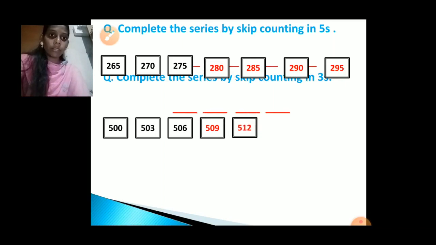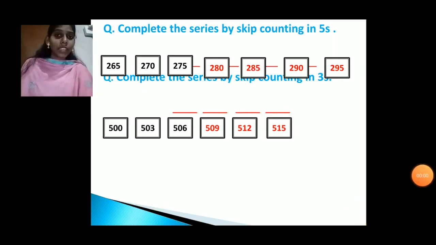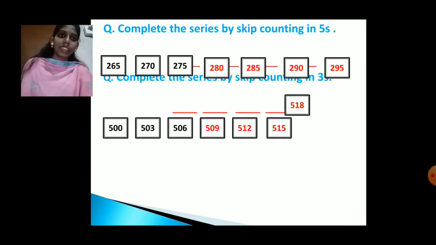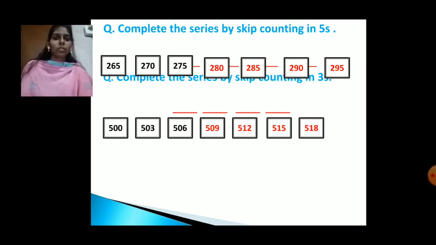After 512, you have to skip 3 numbers: 513, 514, 515. After 515 is 518. Correct? 518.